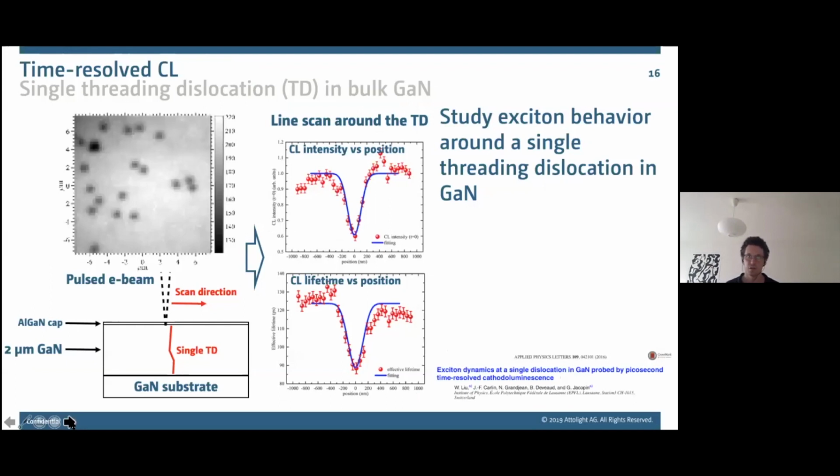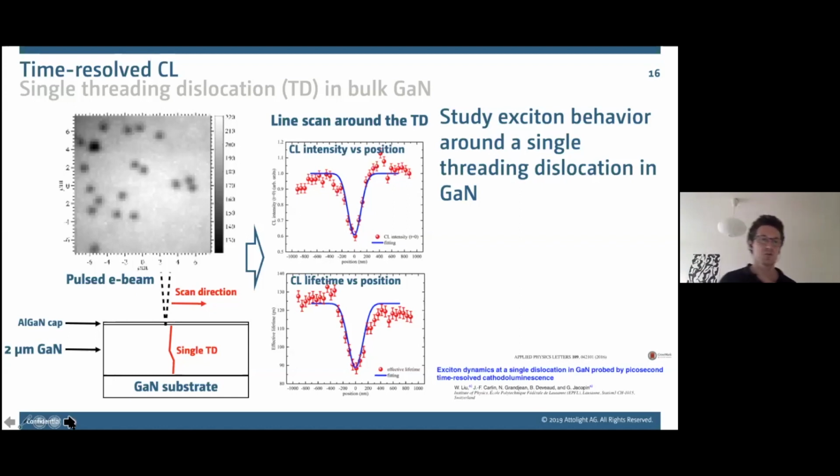Then on to more fundamental science. This is using time-resolved cathodoluminescence spectroscopy. Here, you're shooting a laser at the tip emitting electrons in your microscope, and you use this to emit bursts of electrons with a pulse duration in the ballpark of 1 to 10 picoseconds.